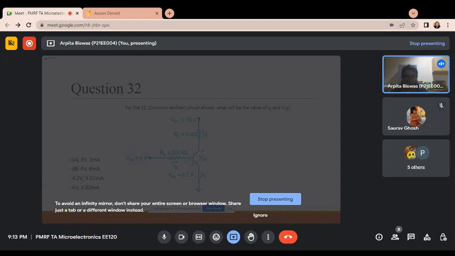So first take this loop, okay, and second take this loop. So what we are getting from there, IB equal to VB minus IBRB.